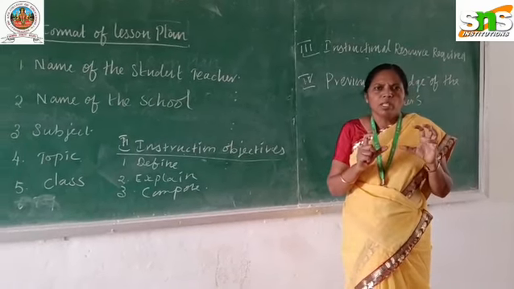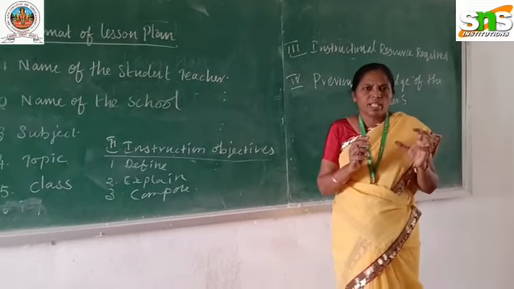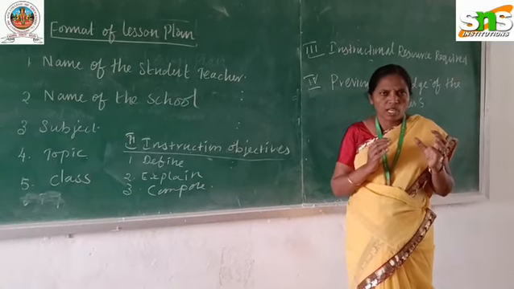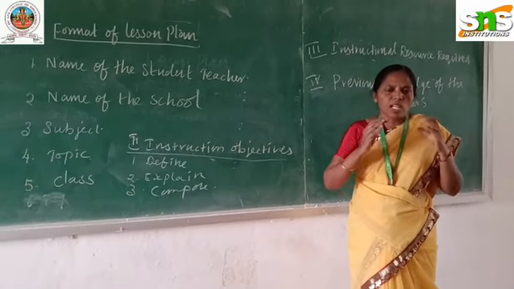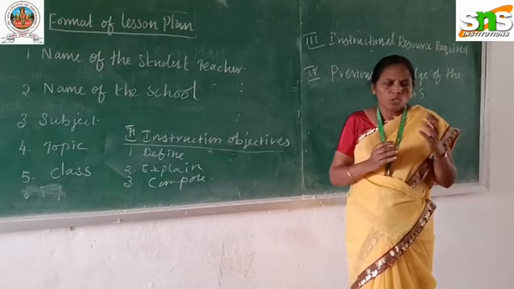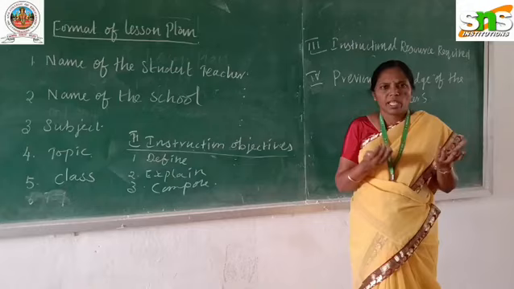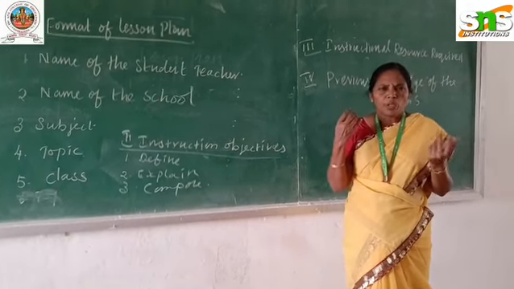For example, if you are going to take the topic measurement, you can ask the question: what is the use of a scale? You have to write the question as well as the answer. Simple question: what is the use of a scale? To measure. Like that you can have it.